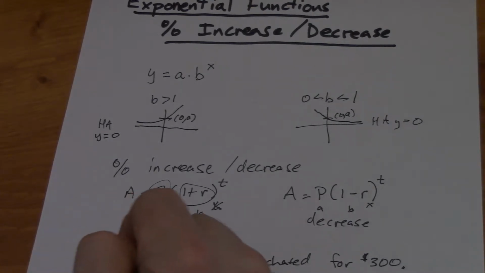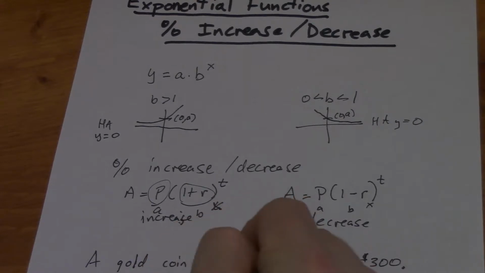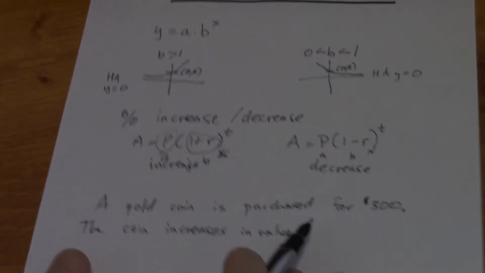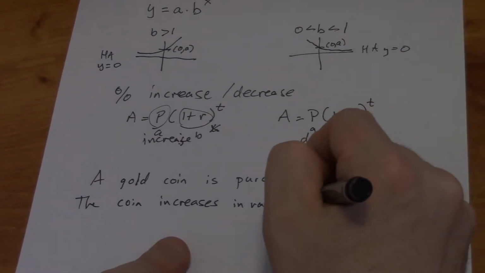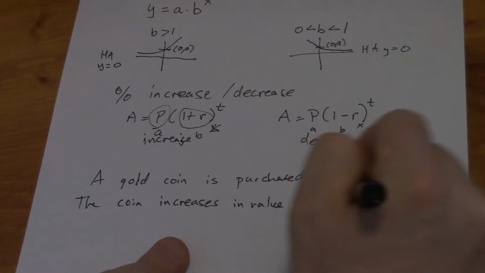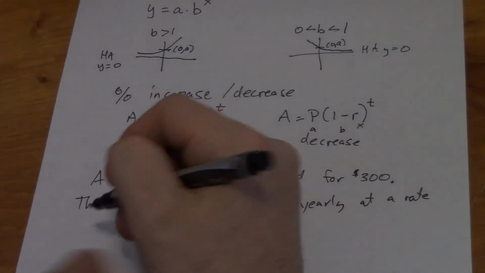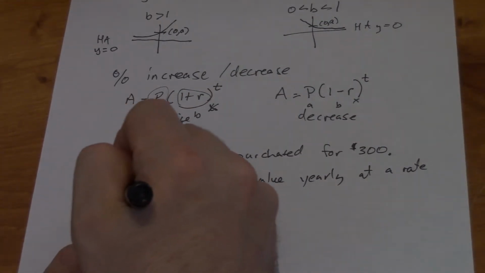The coin increases in value. Put that up here so you can see it. So it increases in value yearly at a rate of 2%.